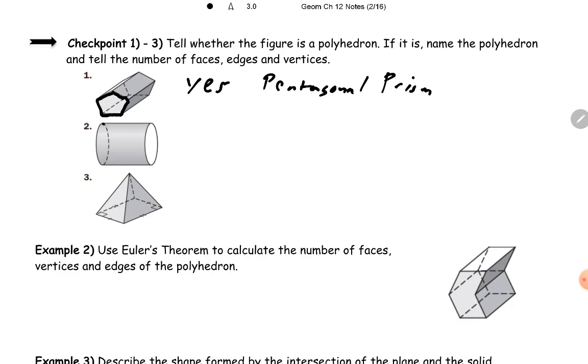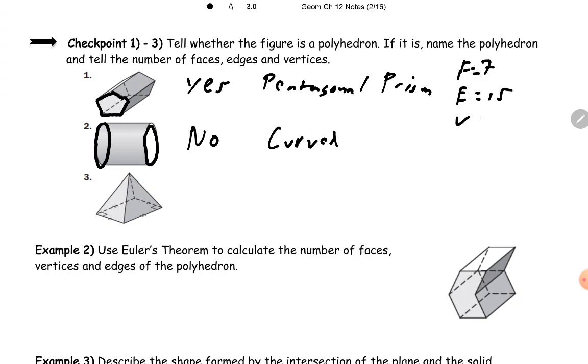So once again, number 2, these circles are the base. But this is not a polyhedron anyway. It is curved. This is 7 faces. Edges is 15. And there's 10 corners.